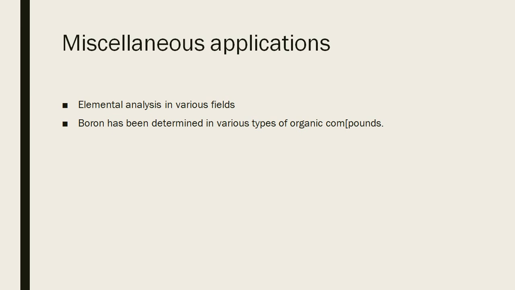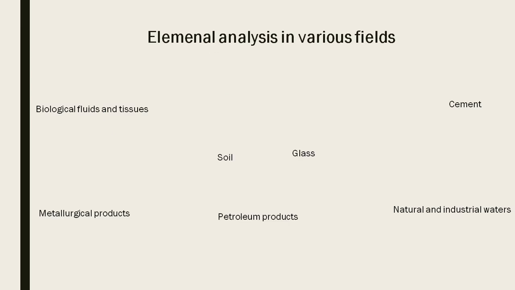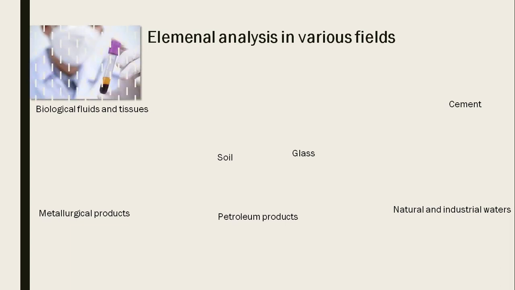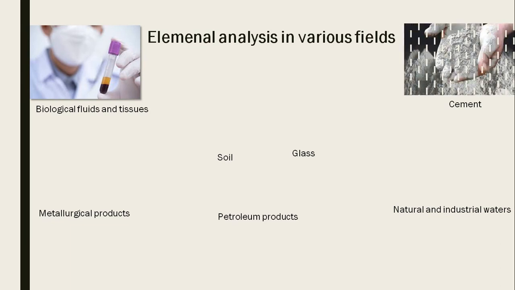Some other applications are that elemental analysis can be done in various fields. For example, boron has been determined in various types of organic compounds. Now you can see here various fields, for example, biological fluids and tissues, so we can find out the metals present in them.